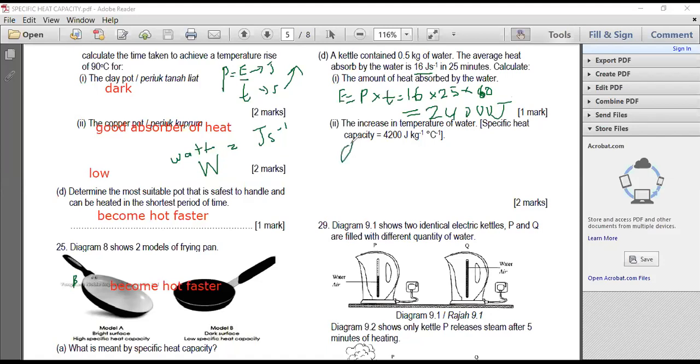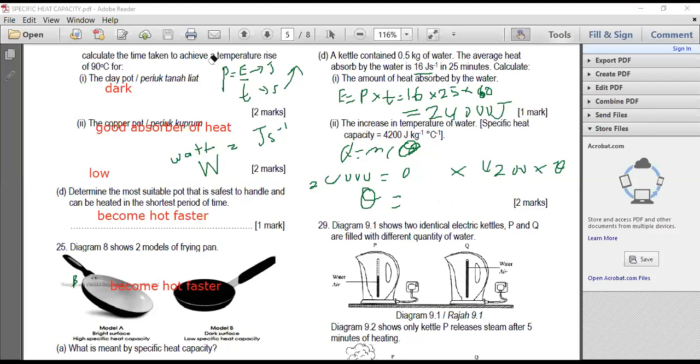Now the increase in temperature of water. For this one you can use Q equals mc theta. Your Q will be 24,000. The mass is 0.05, the c is 4,200, so you can find your theta. Okay, sorry, the mass is wrong.